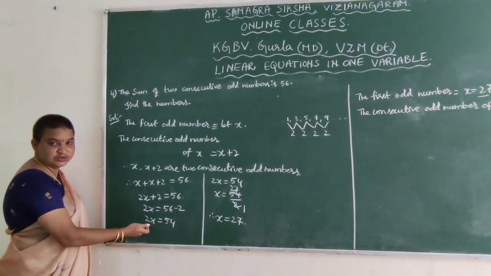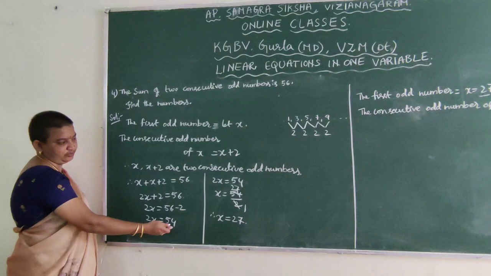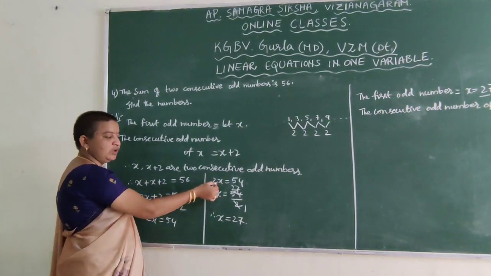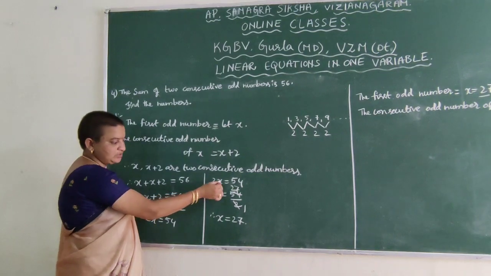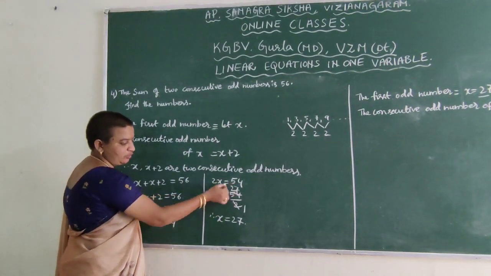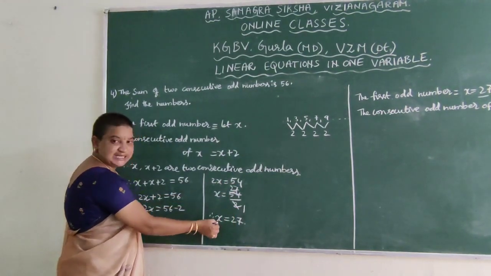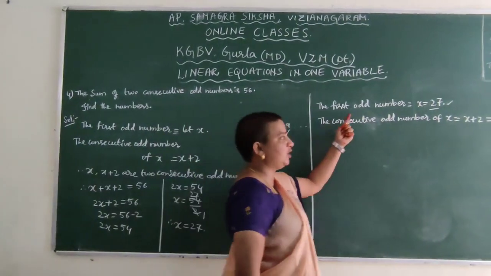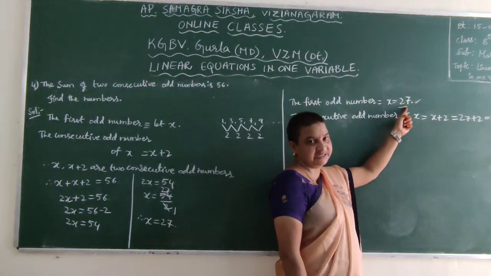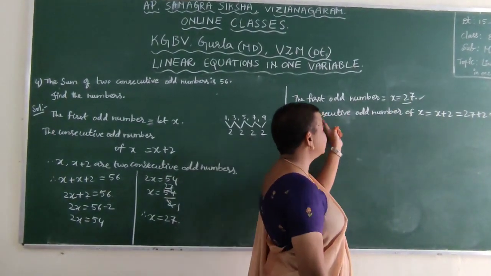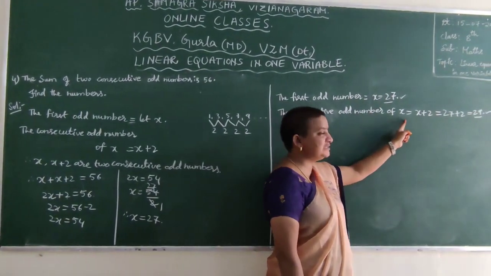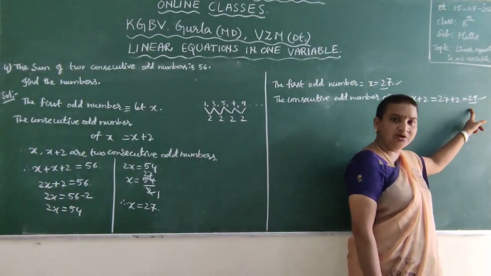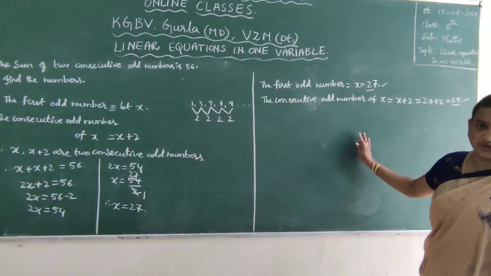That means 2x is equal to 54. Here 2 multiplies the x, so we transpose the 2. So x is equal to 54 by 2, that means x is equal to 27. x means the first odd number is 27. The consecutive odd number of x is x plus 2. That means 27 plus 2 is equal to 29. Okay children, do you understand?